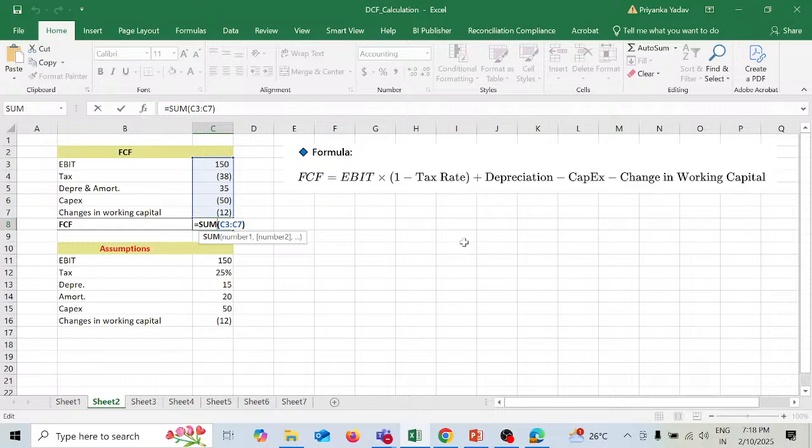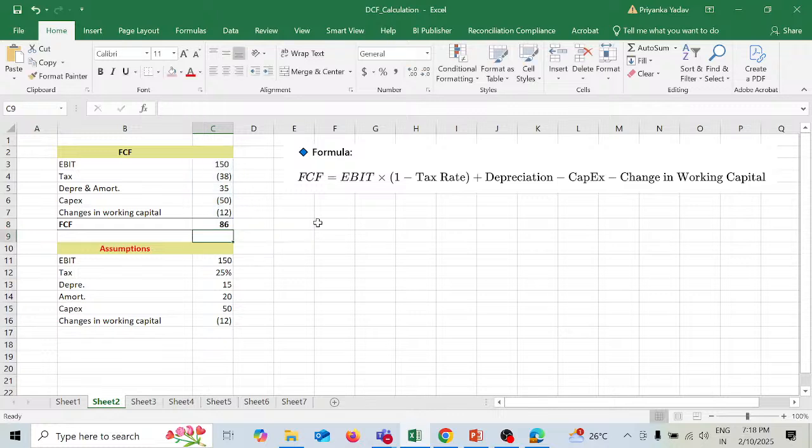So that is why, since an increase in working capital ties up the cash, we subtract it from FCF. So I hope the calculation of FCF is clear. Let's move further. So here, after using this formula, we get to the figure of free cash flow, which is 86.